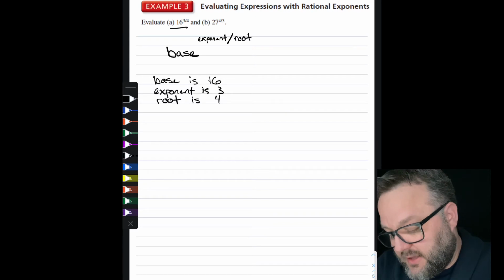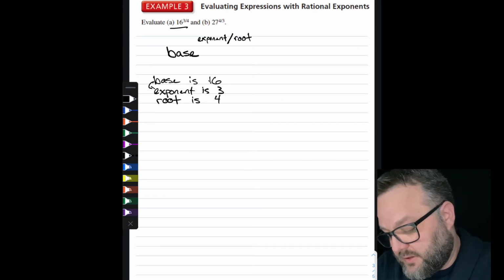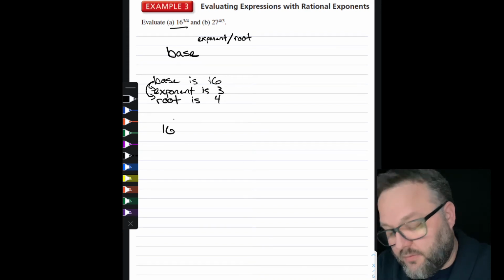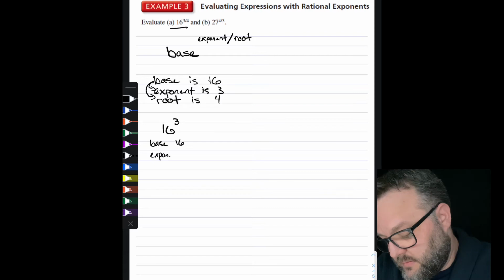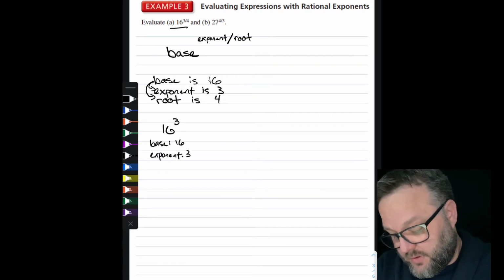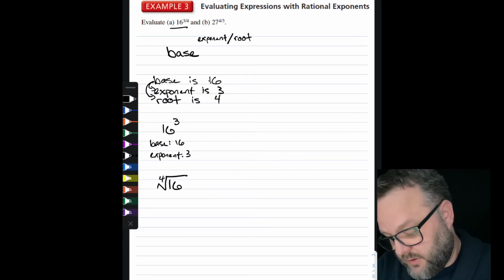Now, if I was to take the base and any one of these two by itself, base 16 with an exponent of 3 looks like this. So this is base 16 exponent 3. If I was to take the root, that would be 16 to the 4th root. So base 16 root 4.